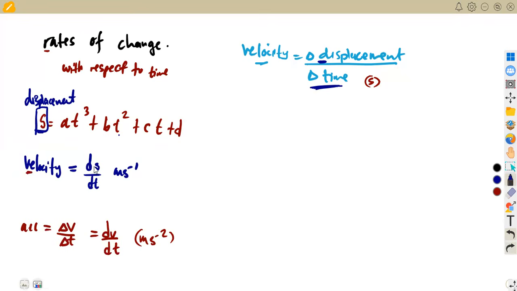We obtained velocity by differentiating displacement with respect to time. Now we are saying acceleration is the derivative of velocity, this part here.